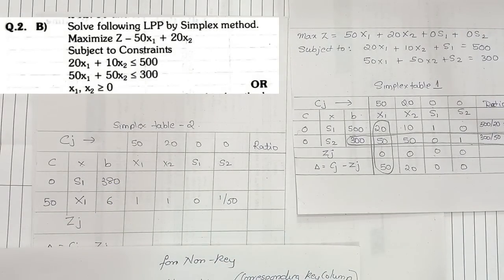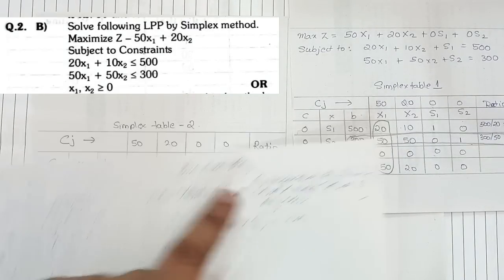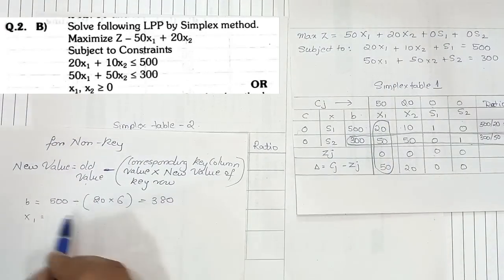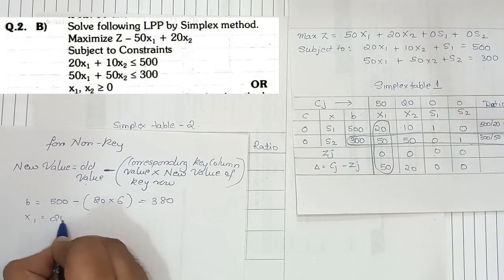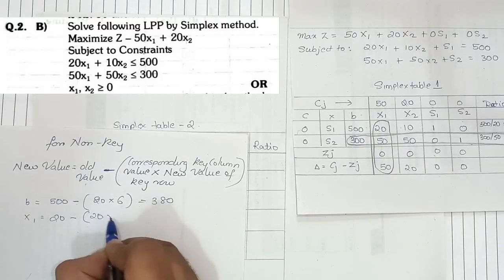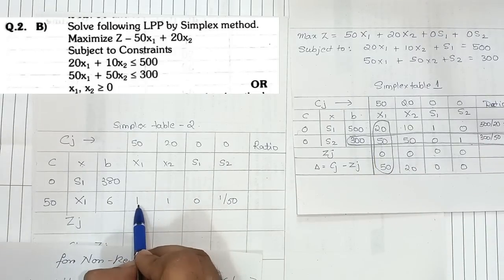Same way for x1. 500 minus 20 into 6, which is 380. So we wrote the value as 380 here. Second value is 20. So 20 minus the corresponding key column value, again 20, into the new value, which was 1.